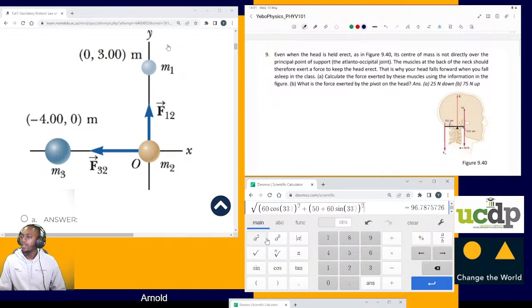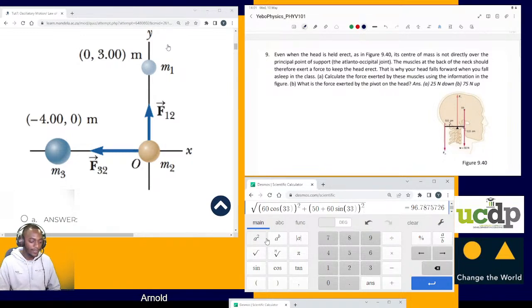And that is why your head falls forward. Okay, when you fall asleep in class. Interesting. How many have fallen asleep in class? I, for one, I have. Calculate the force exerted by these muscles using the information in the figure. What is the force exerted by the pivot on the head?